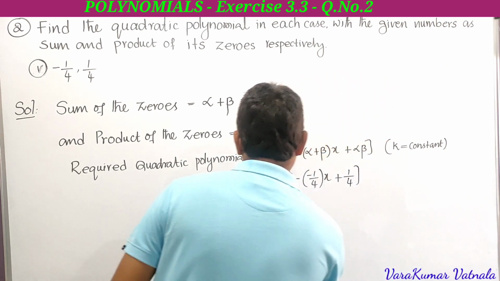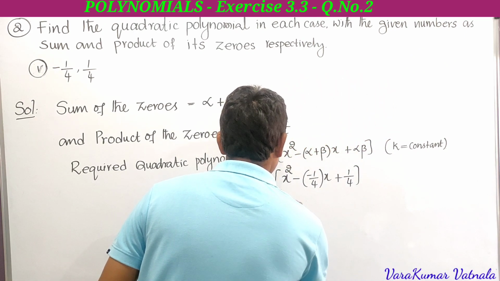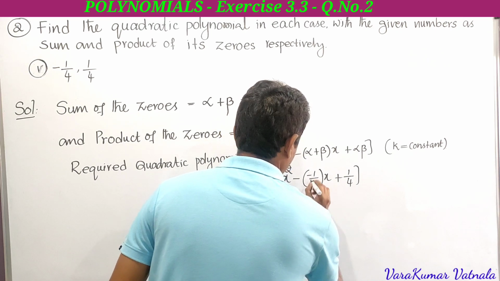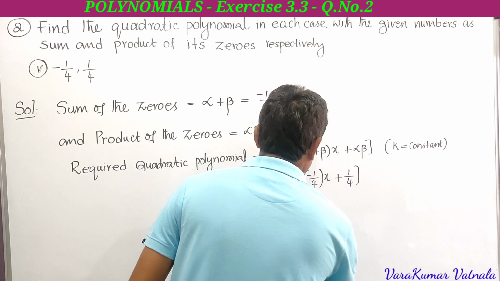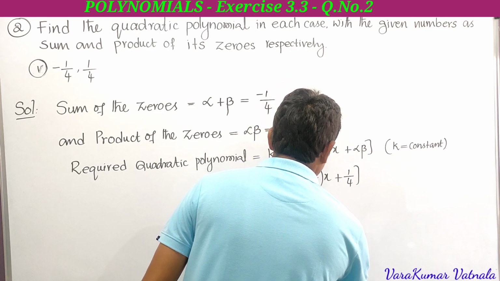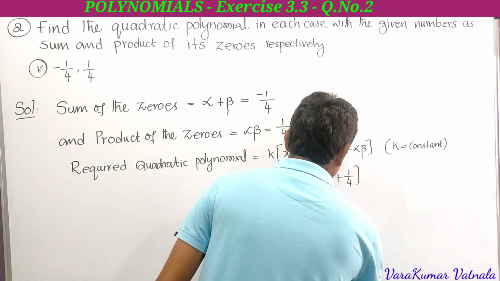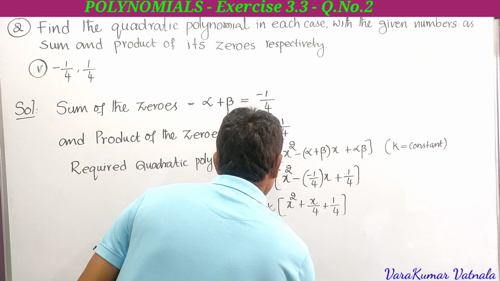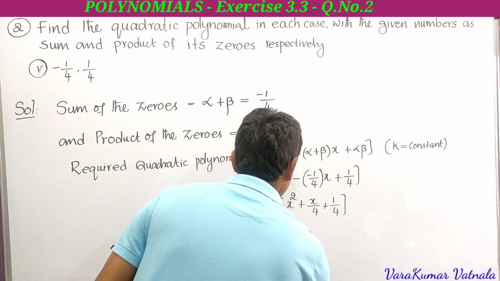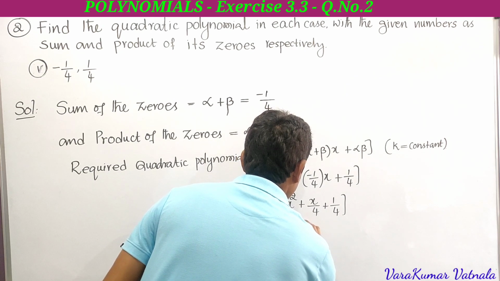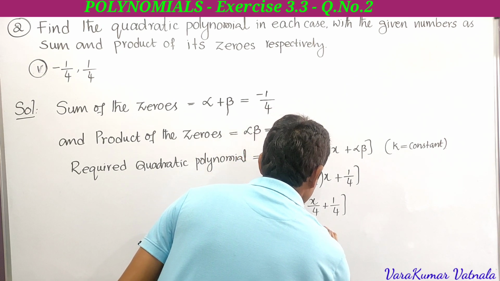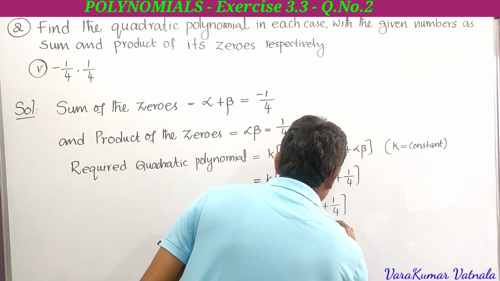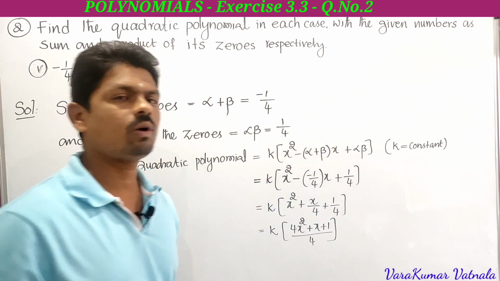Now we just have to simplify here. k into x square minus into minus plus 1 into x is x by 4, plus 1 by 4. So find the LCM here. So k into, we get (4x square plus x plus 1) divided by 4. So this is the required quadratic polynomial.